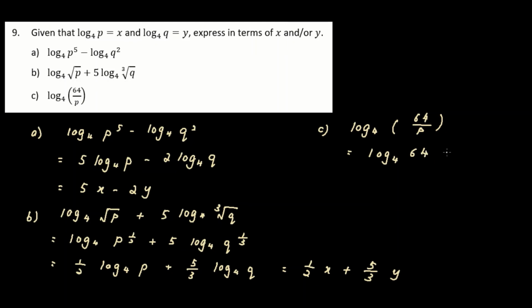So I'll have log 4 64 minus log 4 P. Log 4 P, I know this will become x. How about log 4 64? We need to change 64 to an exponent with a base of 4. So 4 to the power of 3 gives us 64. Then log 4 of 4^3 is 3, so you're left with 3 minus x. This will be your answer.